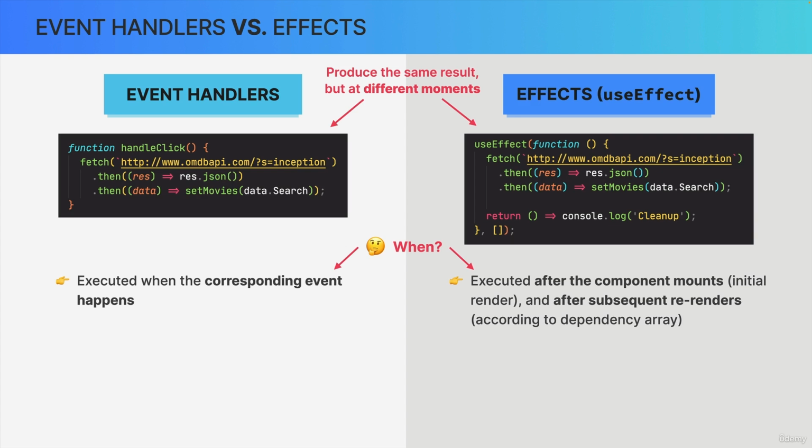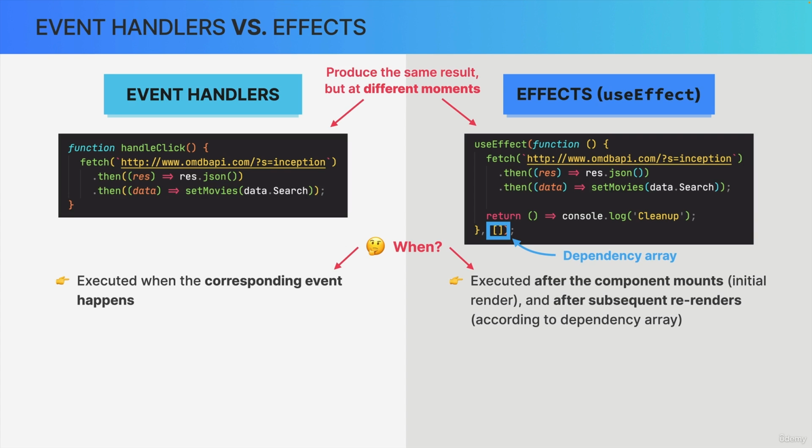So the event handler executes when an event happens, and the effect executes whenever the component first renders, at least in this situation, because the exact moment at which the effect is executed actually depends on its dependency array, which I shortly mentioned in the last video. So we can basically use this dependency array to tell the effect to also run after a component re-renders. But I won't go deep into this right now because that's easier to explain with code.